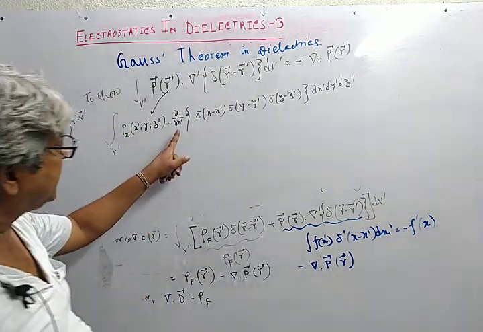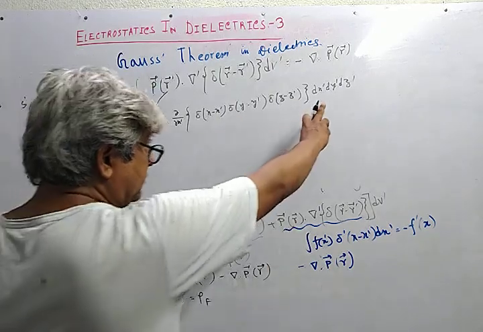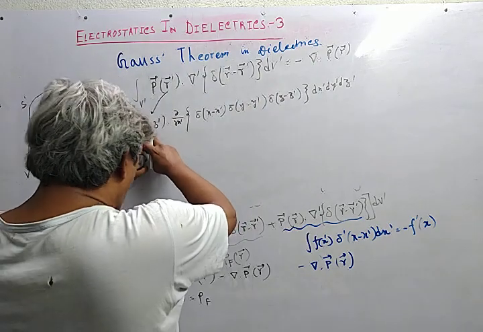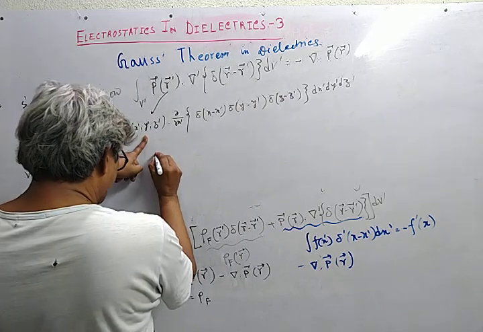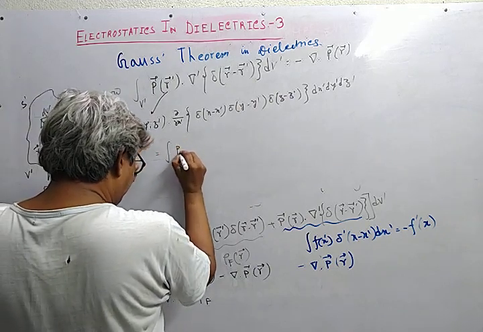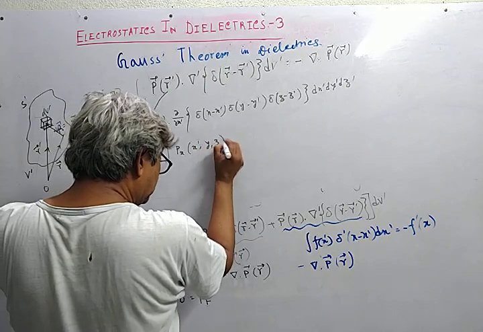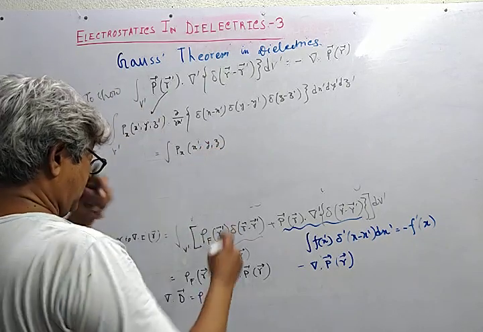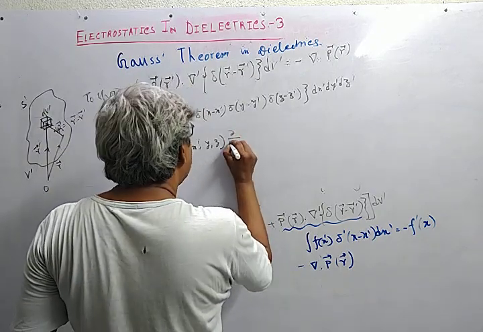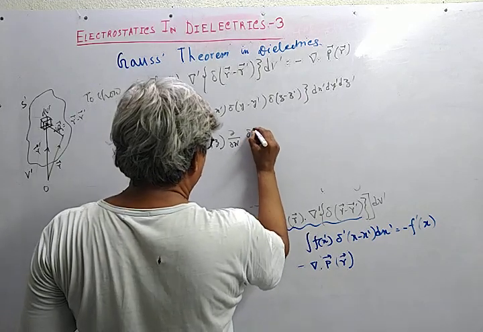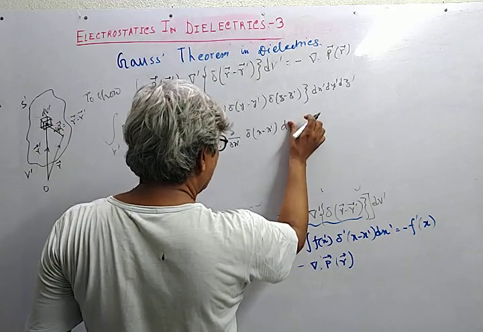Now del x prime operates only on this term. These two are free. So if we calculate the y prime integration, this will be y, not prime. If we calculate the z prime integration, it will be z. So the result is p x, note the x prime, y z, not y prime z prime, and this is del x prime of delta of x minus x prime dx prime.